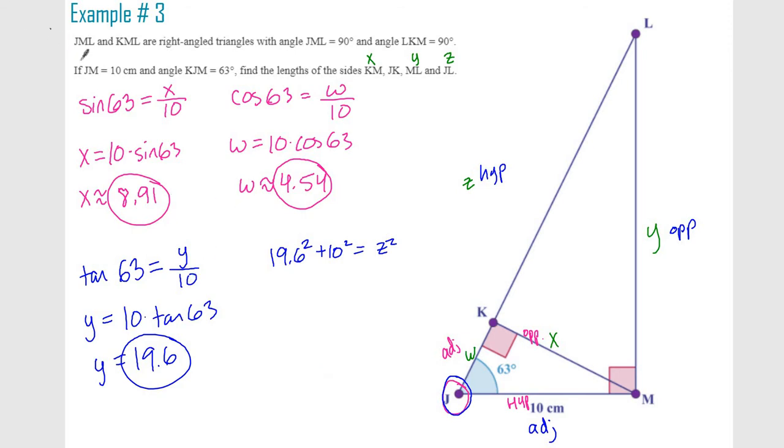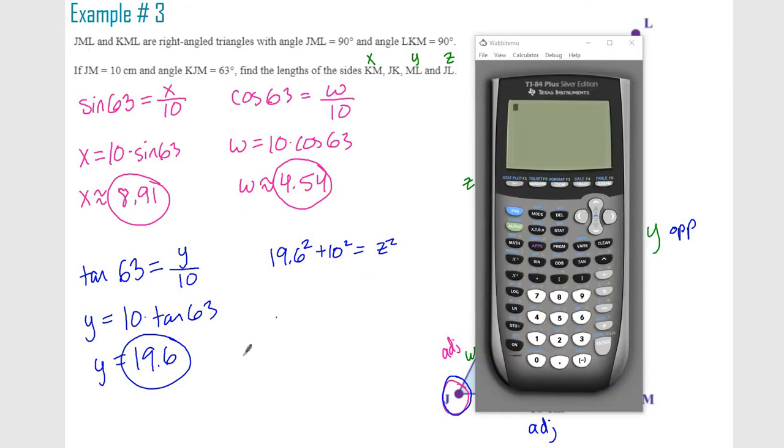Now, how I would do that in the calculator. First I would get my y value in there correctly, so we have 10 times the tangent of 63. We take that value and square it, and then add 100 to it. And then we want to take the square root of that answer. So we do second x squared, and now I want to put that answer in there.